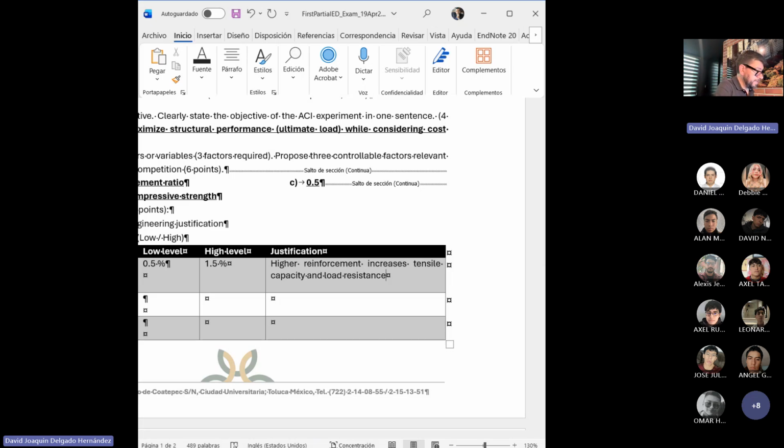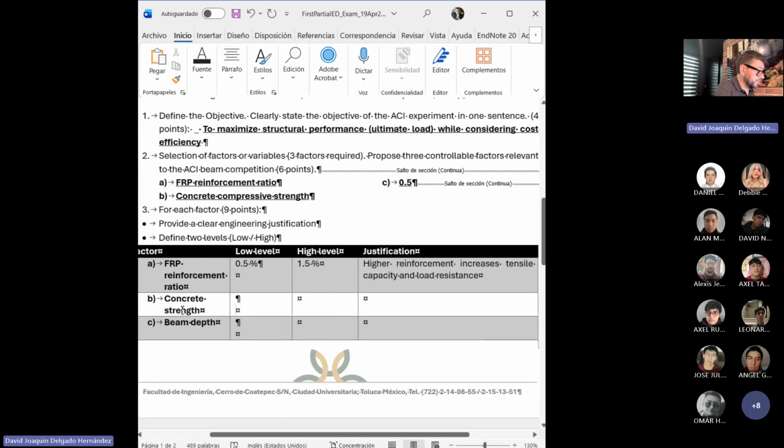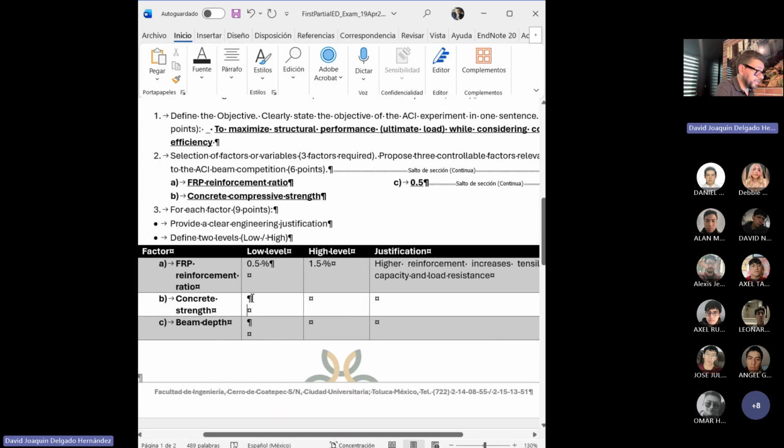Okay. So let us look at the second variable. So it is the concrete strength. You can use, for instance, 25 megapascal in the lower level, and in the upper level or the high level, you can use 40 megapascal. Okay. Well, what is the reason to do this?